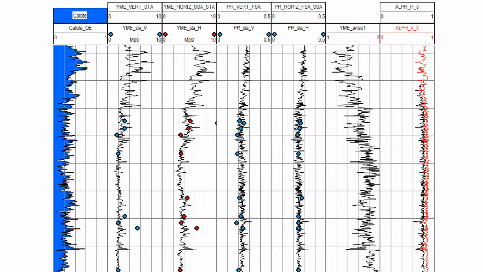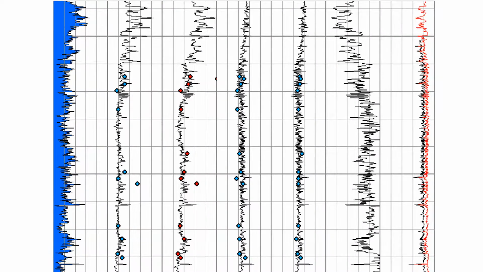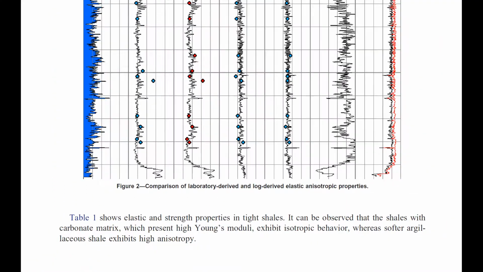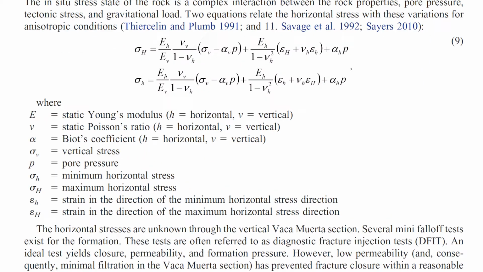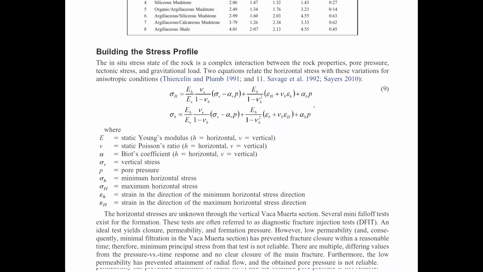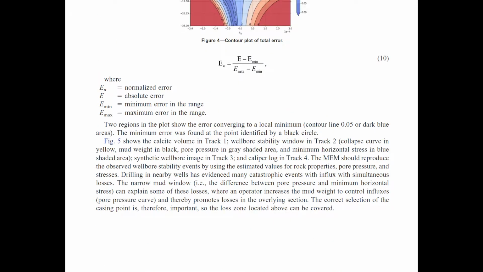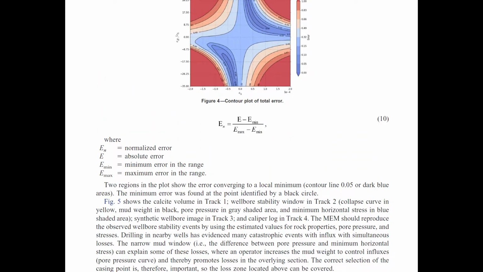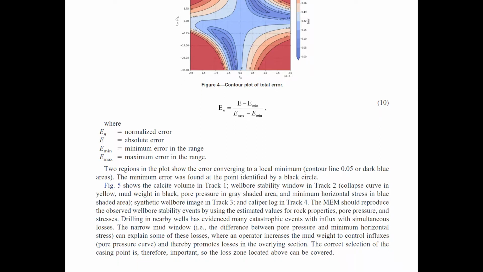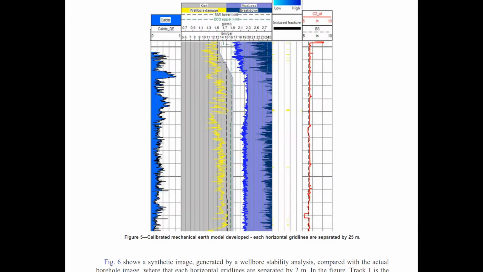So once you calibrate your well logs with your laboratory measurements, which in this case are these dots, you can increase the confidence in your model and then use the equations that we wrote just 1 second before. This is the exact same thing to what we used. And after you do that, you can calculate the stresses by calibrating the tectonic strains. And I guess this was the isotropic.